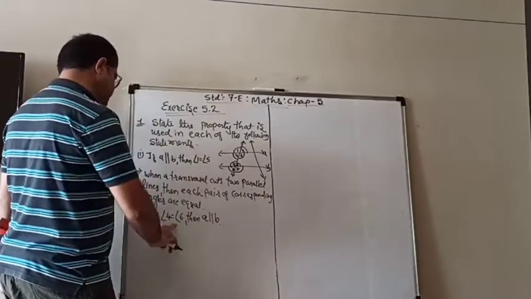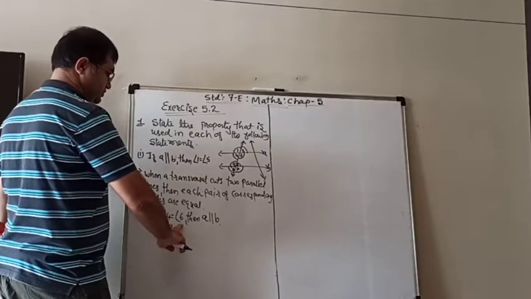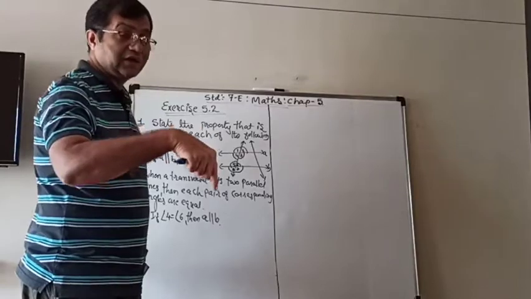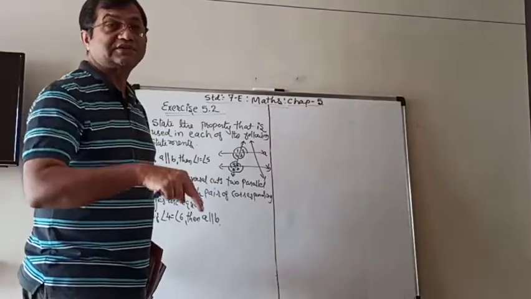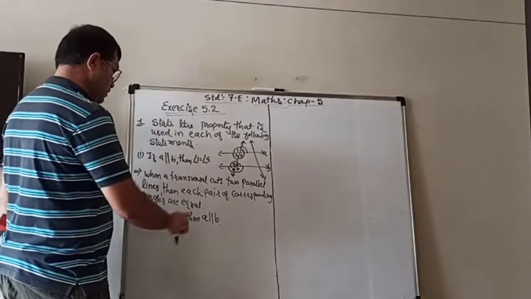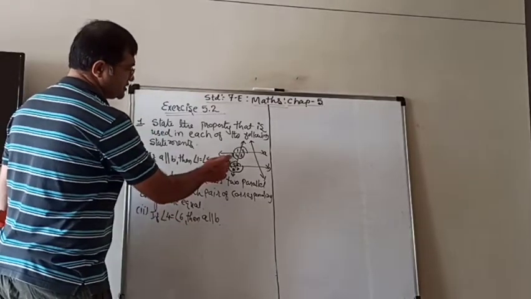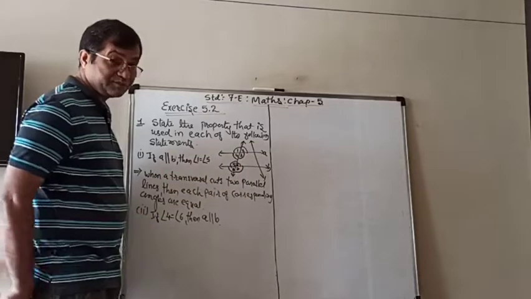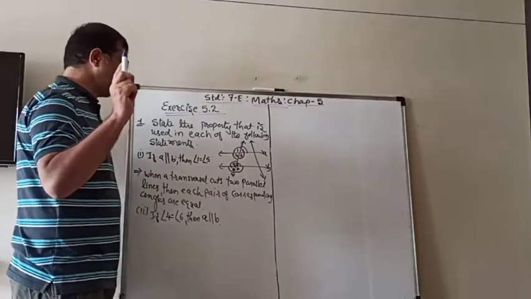Here first given, then angle 4 is equal to angle 6, then A is parallel to B. It means that one of the conditions we learned today should be here. So which is that? 4 and 6. You can see that 4 and 6 are making Z. Then which pair? Alternate interior angles.